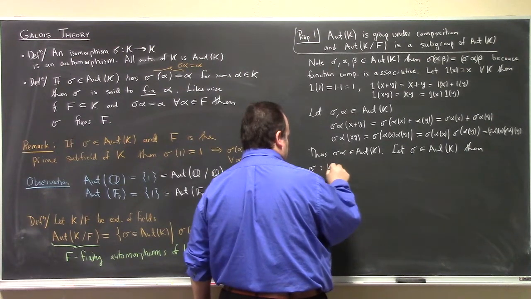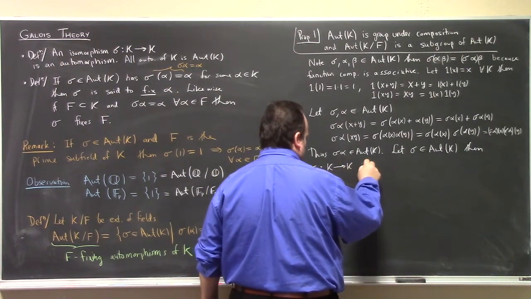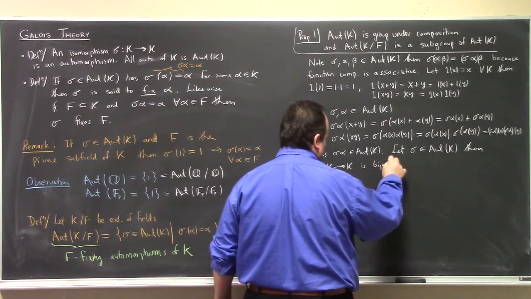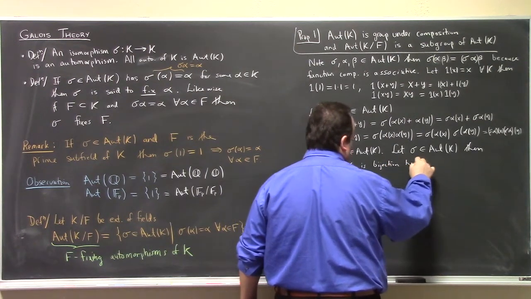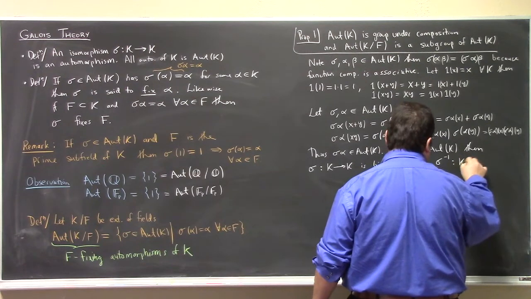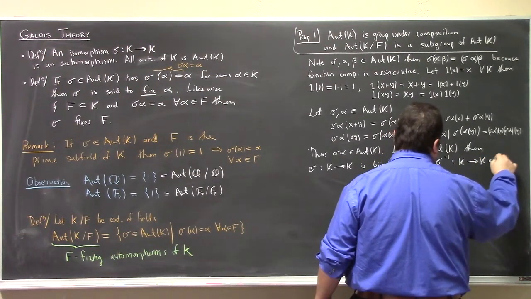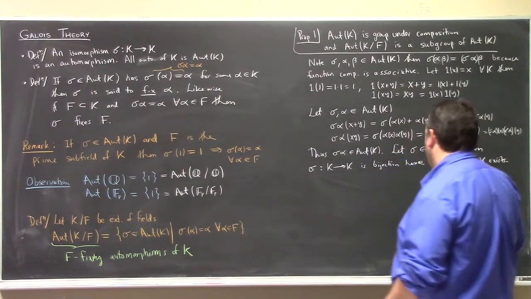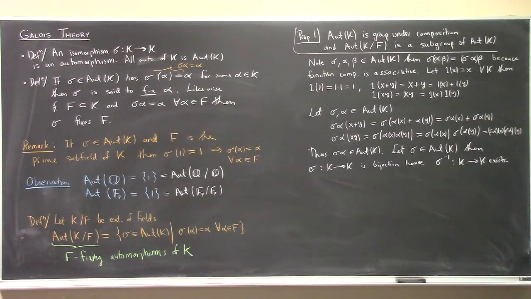It's a one-to-one map, it's a bijection, right? Hence, sigma inverse from K to K exists, right? So first of all, it is an invertible map, but it still remains to show that sigma inverse is in fact an automorphism, right? How do we show that?